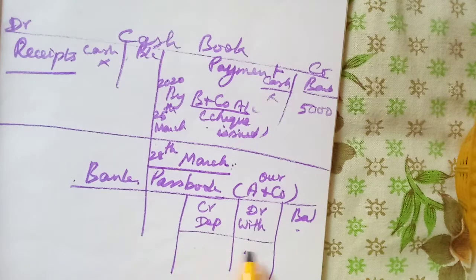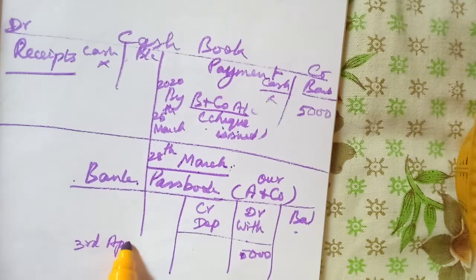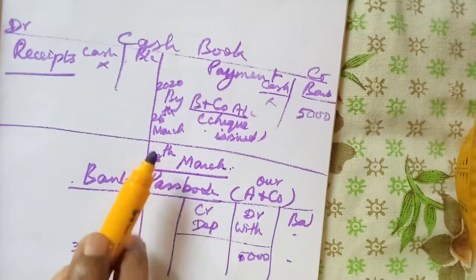They are not depositing, they will get the amount from our bank. So they will write here 5,000 when they are entering on the date, 3rd April. The balance will be reduced, 5,000 will get reduced.